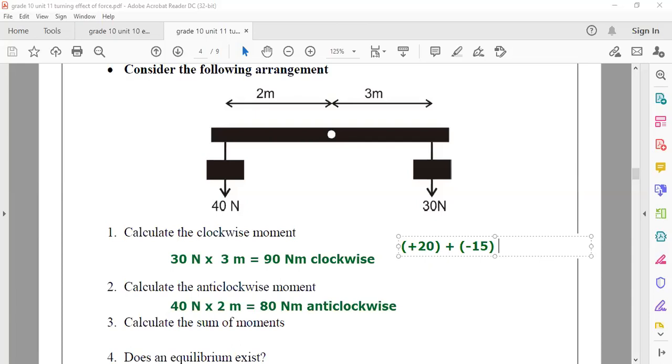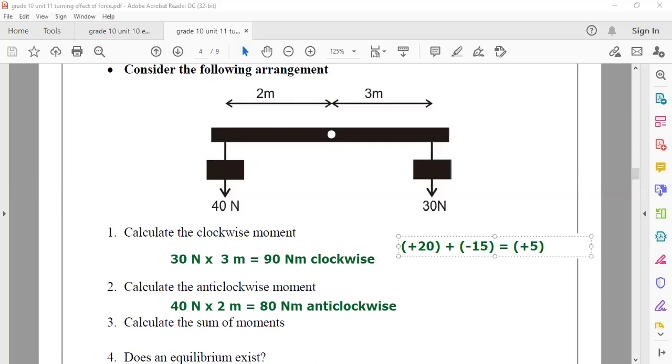No. Why? Because they are different signs. Understood? Yes, sir. So what will you do to find the answer? Subtract. And you will write the bigger number's sign there. Correct? Yes, sir. So you will write it as plus 5.